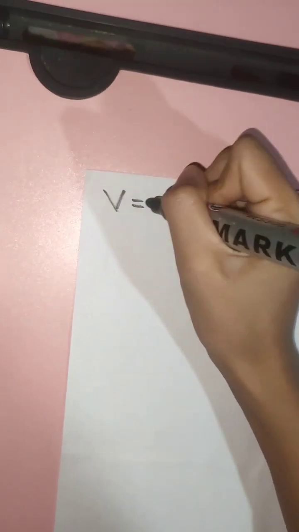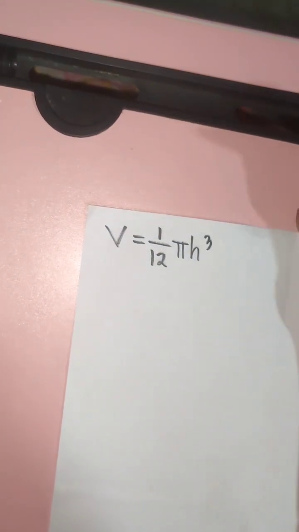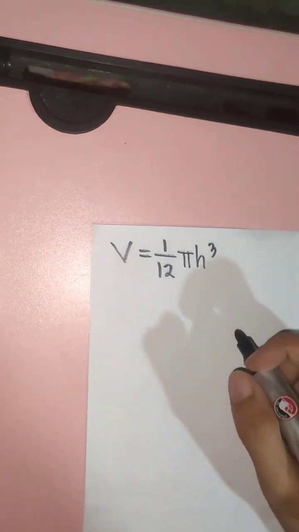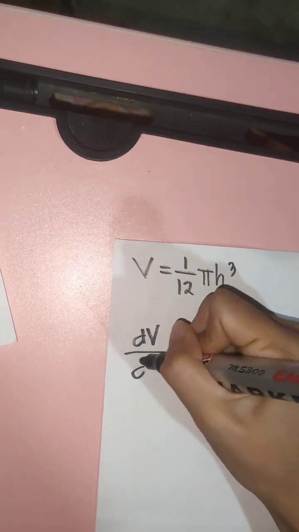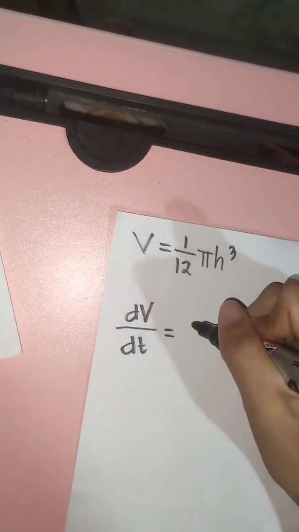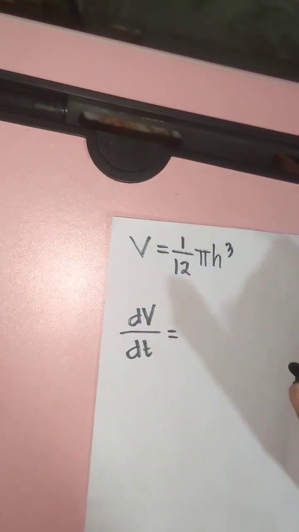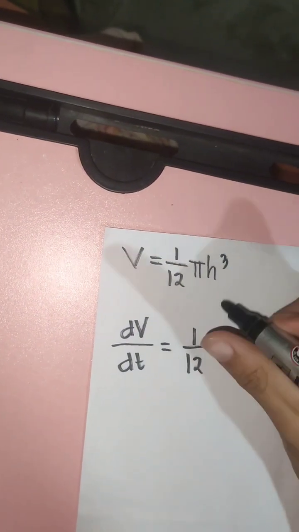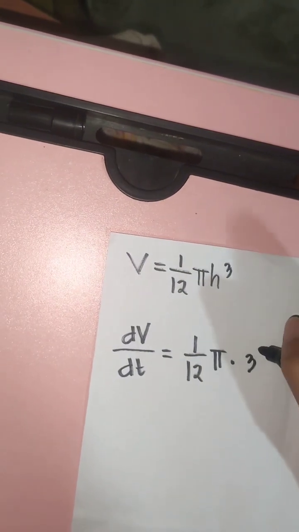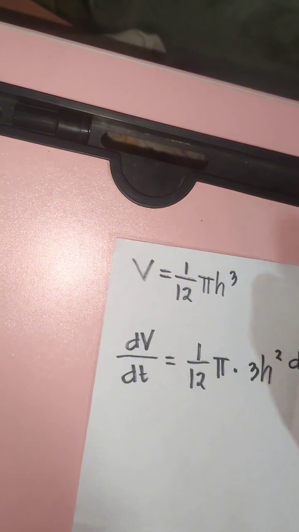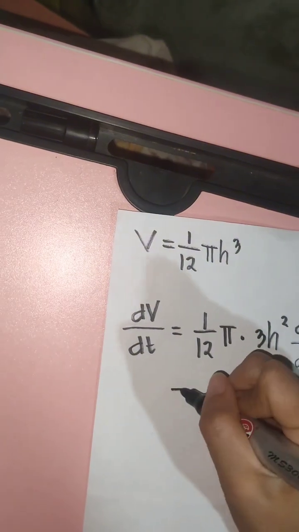Now we differentiate V equals 1 over 12 pi h to the third power with respect to t. So we have dV over dt equals 1 over 12 pi times 3h squared dh over dt.